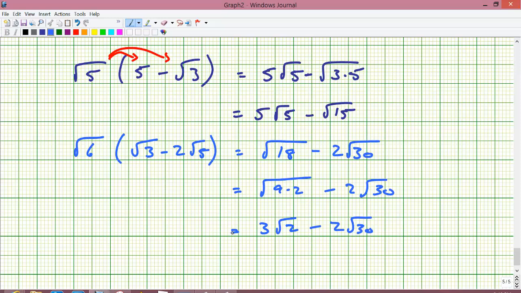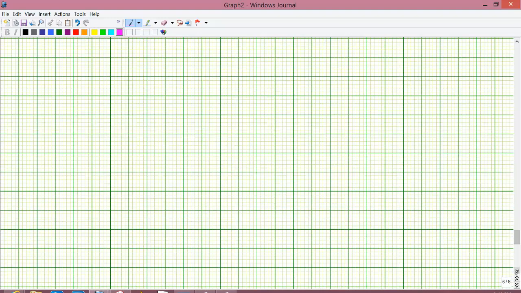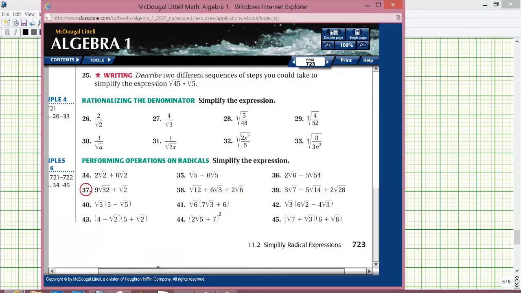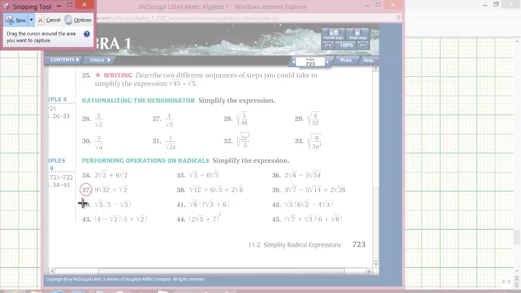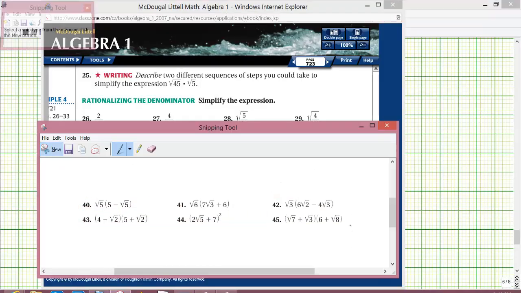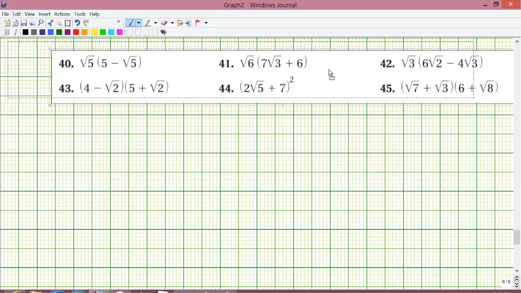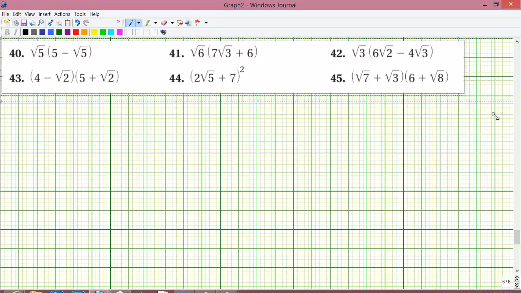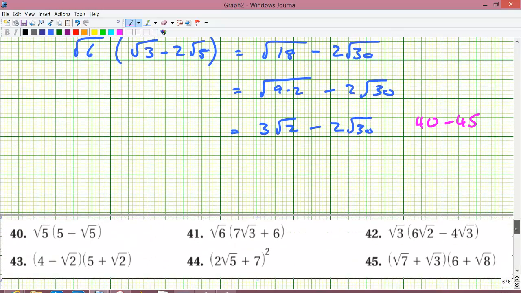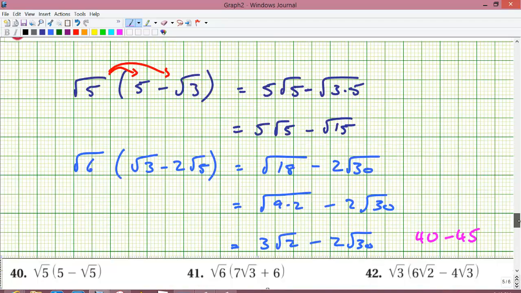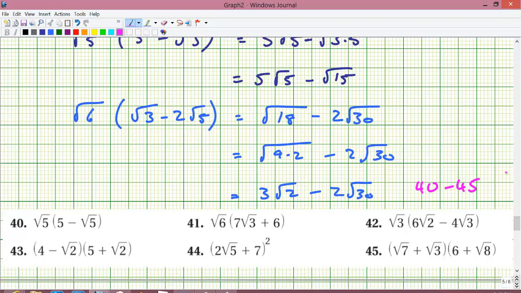So, finish off those problems, 40 through 45. Bottom of the page, let me give you those. Okay.